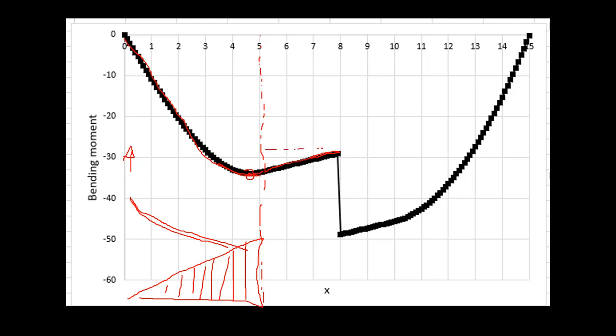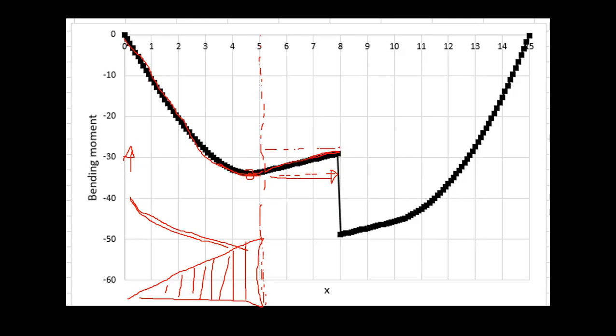In this region you don't have any load, so it's not going to affect, but you can see the effect of this load ending here is giving an effect such that the bending moment slightly reduces its magnitude.